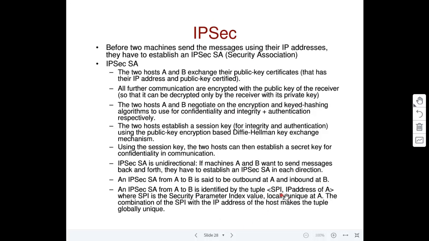The security parameter index is locally unique only at A, but when you combine it with the globally unique IP address of the host machine, the whole tuple becomes globally unique. That's why we can identify an IPSec security association in a globally unique format using the security parameter index locally generated at the end host along with its public IP address.